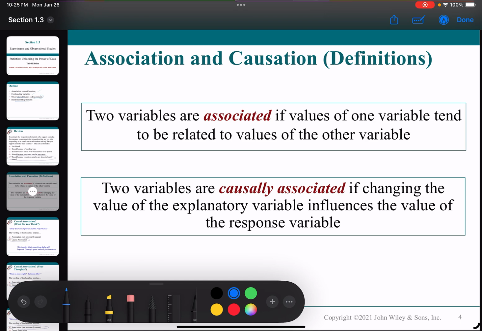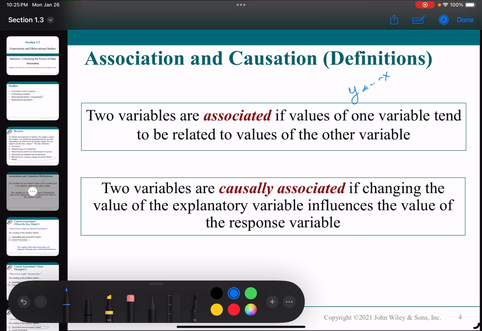Specifically, if I recap what we have done last day, we talked about associations. If two variables have a weak relationship, we call it association.